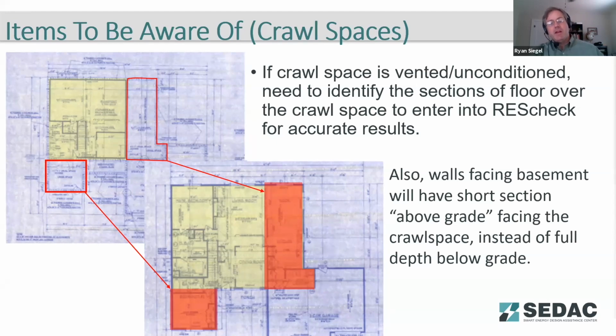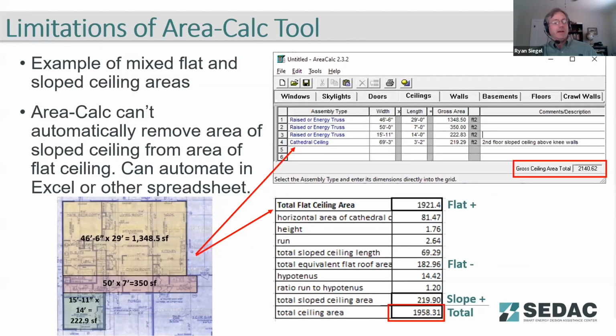For basements, and even conditioned crawl spaces, you may have above grade walls. So if you have crawl spaces and basements, make sure you understand where that is, because these difficult geometries can really be a little bit tricky on you.